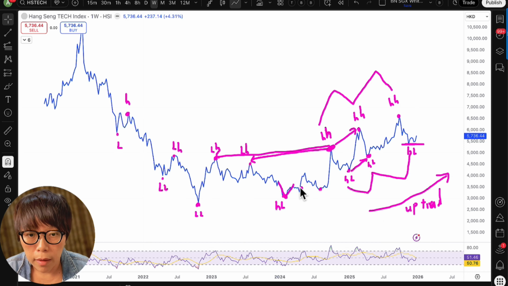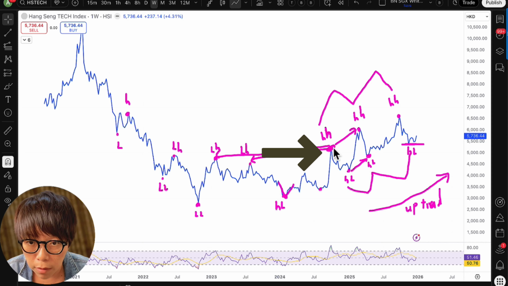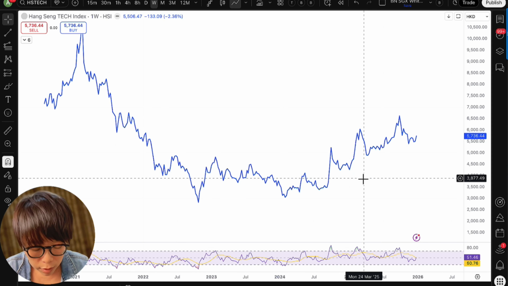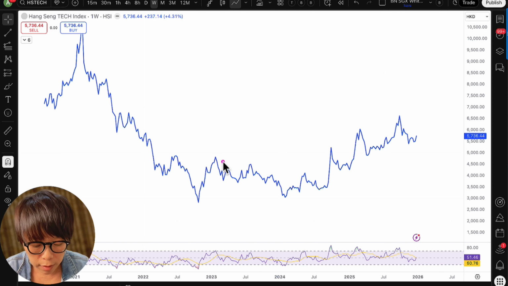And where did Hang Seng Tech reverse? It reversed around this point here, when price made a higher high versus the 2 previous high points, and it made a higher low. Let me just clean this away to put everything in perspective.